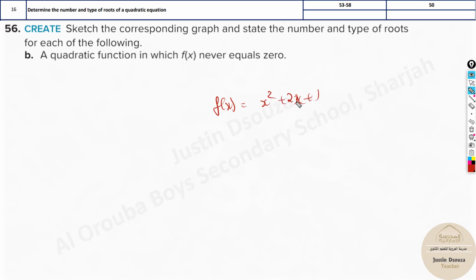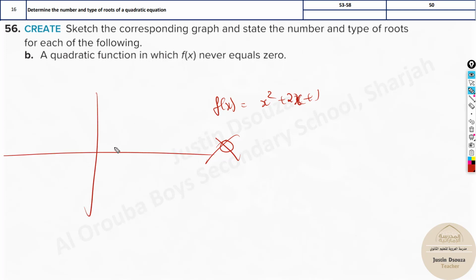This is a random one, I'm not sure whether this is a proper example, but just to make you understand: whatever x value you put over here, this value will never be equal to 0. It can be any positive number, any negative number, but it will never be 0.